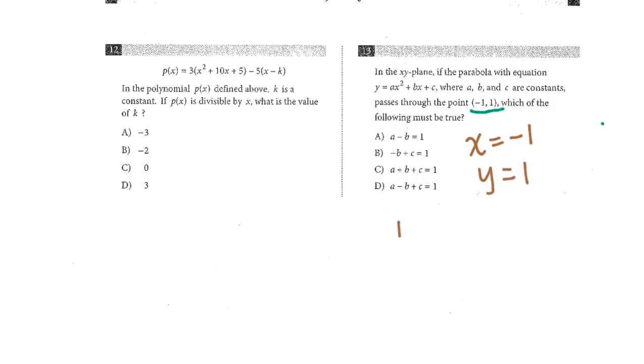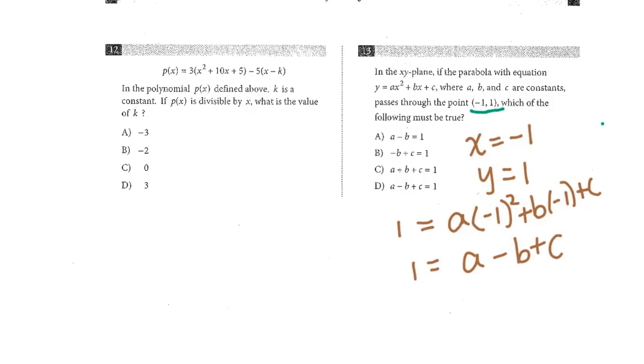You will get 1 equals a times -1 squared plus b times -1, then plus c. So we work that out, you will get 1 equals a minus b plus c. Therefore, D will be the answer.